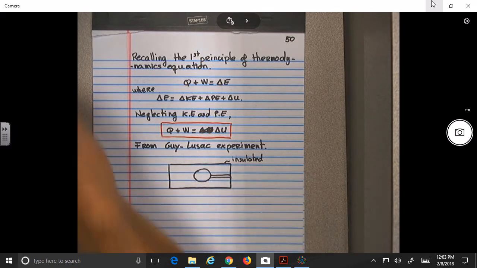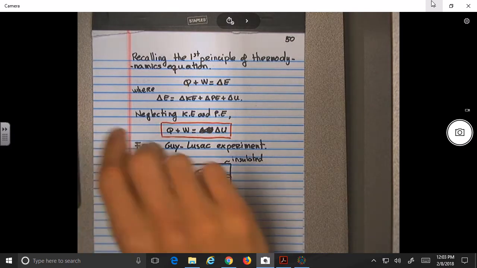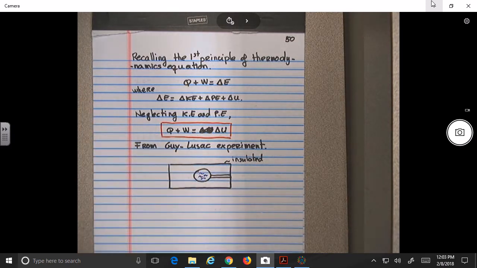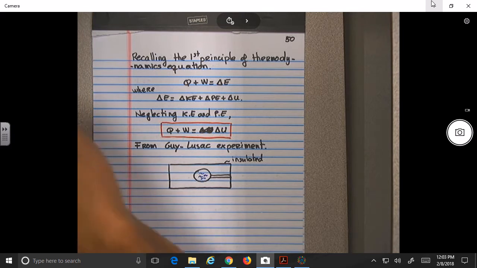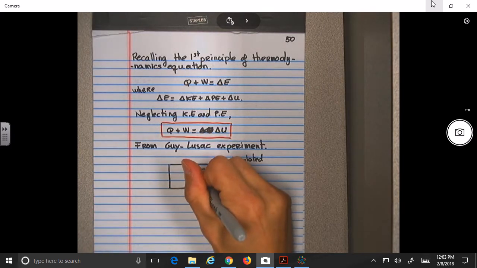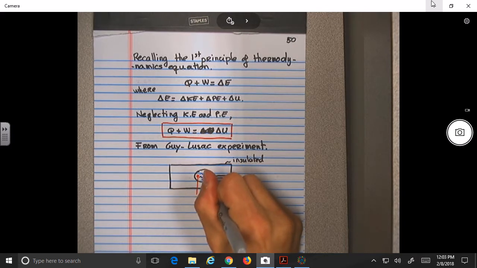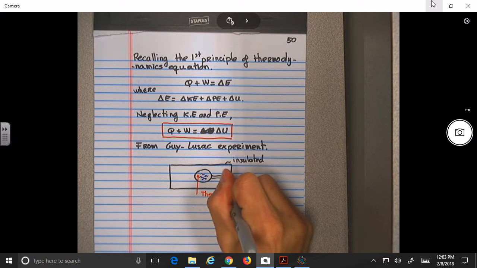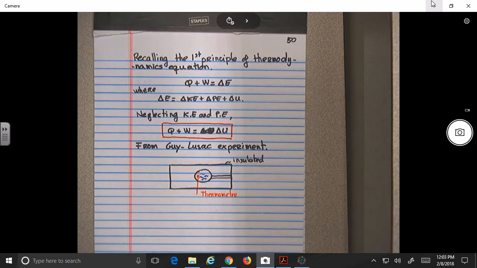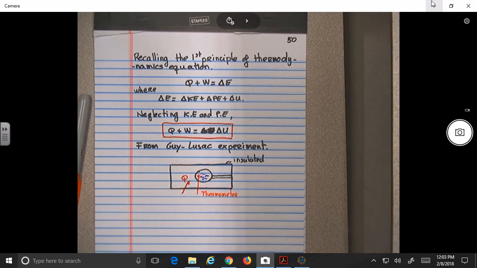So let's say water, and here it has some type of thermometer, so you can measure the temperature. Now let's say you apply some type of heat to the system.